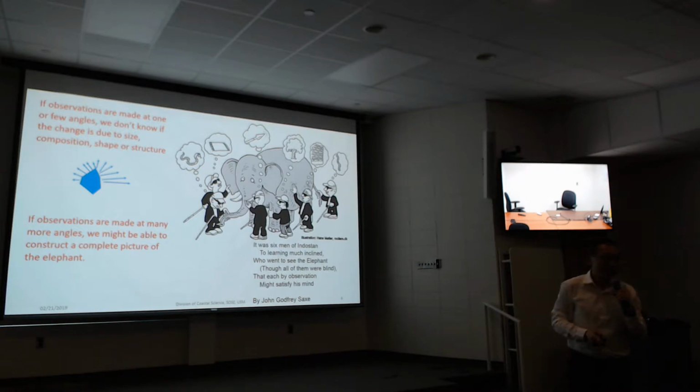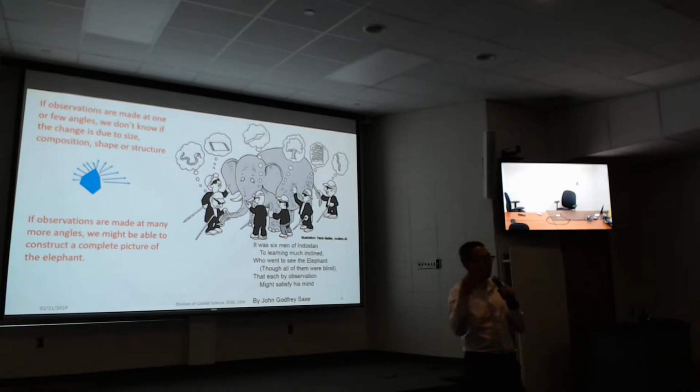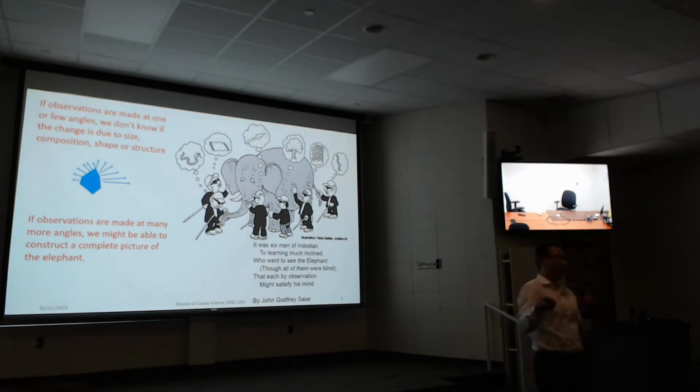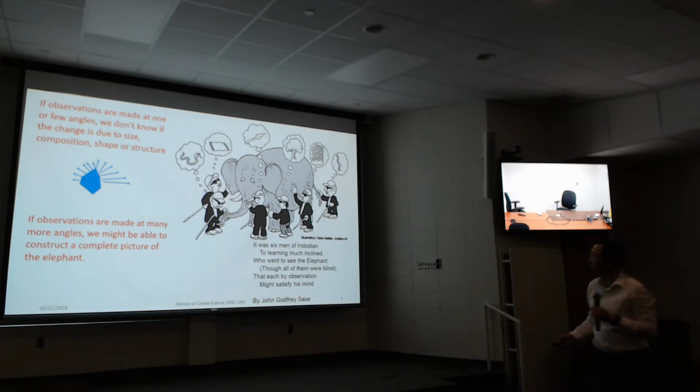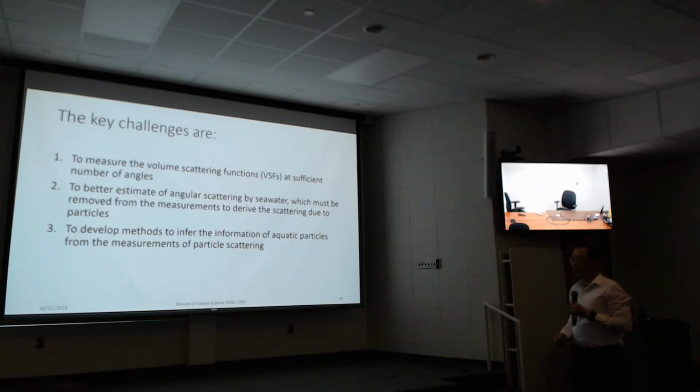You put them all together, yes, this is an elephant. So this is the idea. If we look at the scattered light at many, many angles, then we can reconstruct what the particles are that scatter the light. So the concept is very simple.